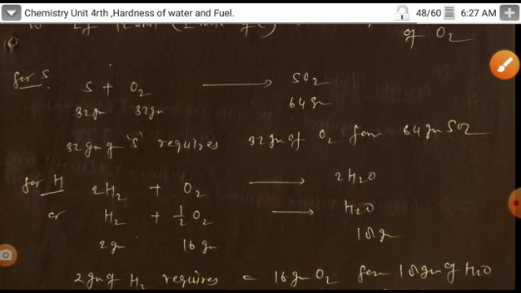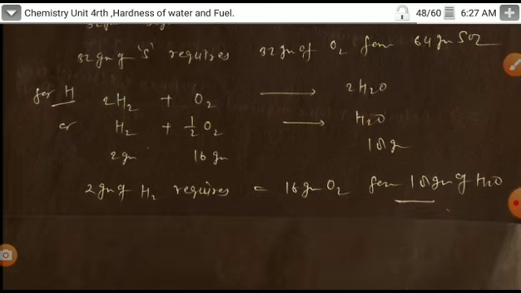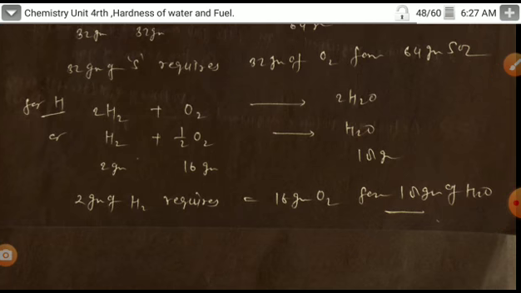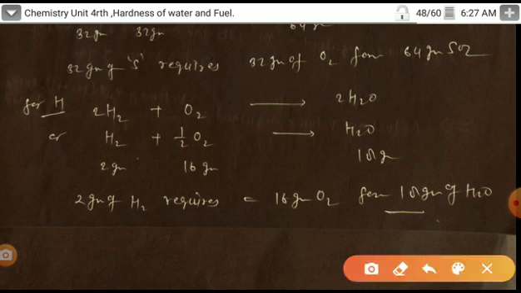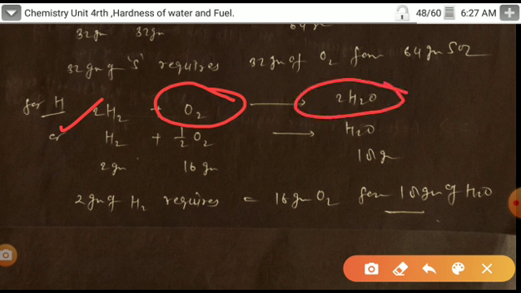Now the third component, hydrogen present in a fuel, will also burn. A huge amount of energy in the form of heat will be produced. As you know very well, hydrogen is one of the best fuels. When hydrogen completely combusts, it needs the oxygen present in the air, and after combustion water vapor will be formed and a huge amount of heat will be liberated.